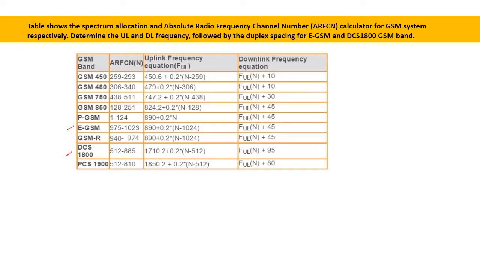So what is ARFCN? Any given channel with a specific bandwidth is further divided into subcarriers, each with its own bandwidth.